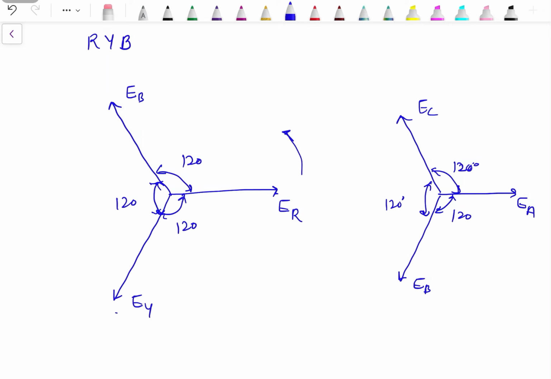And the most important advantage is that three phase motors are more efficient, they have high power factor in comparison to the single phase motors. The size of three phase motors is small for the same rating if we compare them with the single phase.